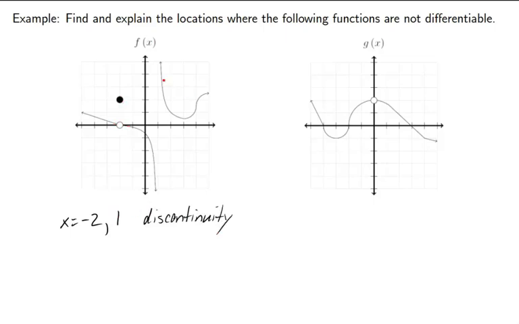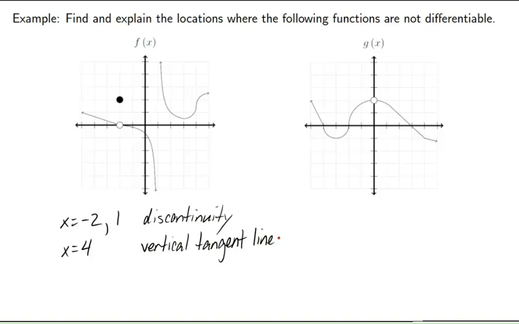Let's continue on. Looks like everything's in the clear right here until we get to 4. At 4, the graph temporarily goes vertical. So that's another place where the function's not differentiable. Vertical tangent line. And that appears to be it. I don't really see any sharp turns in this graph, just the two discontinuities and the vertical tangent line.